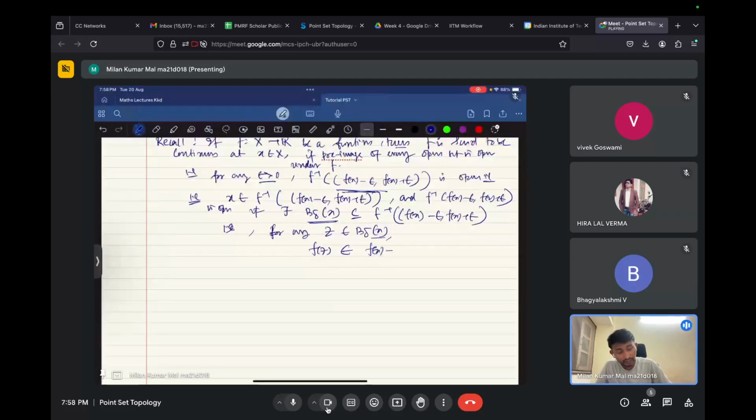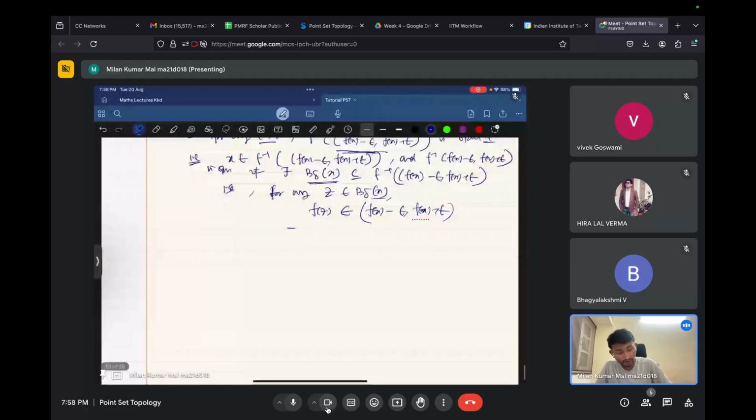That means I need to prove that the modulus of f of z minus f of x is less than epsilon.